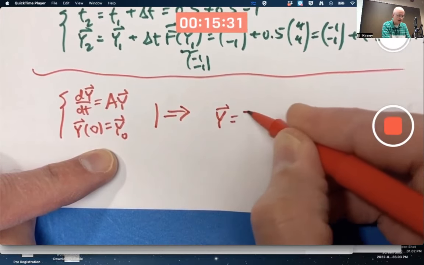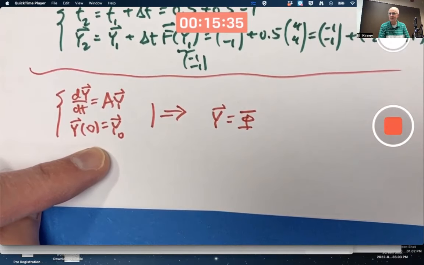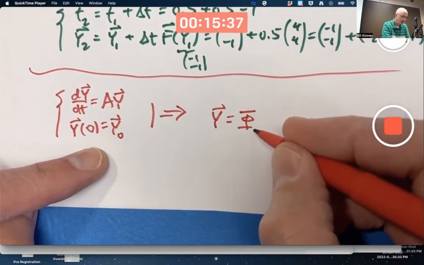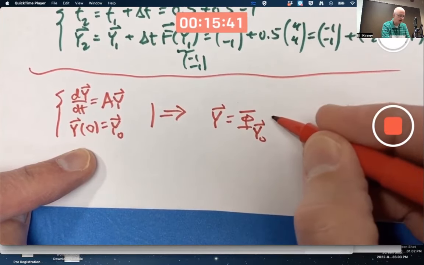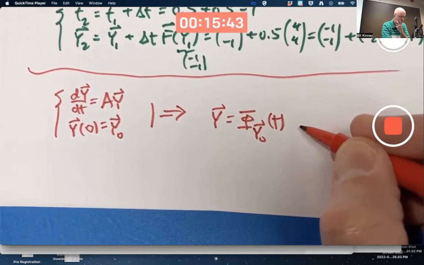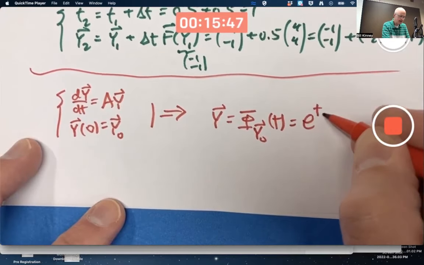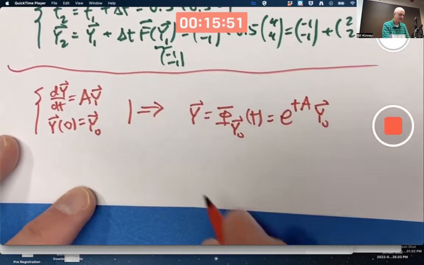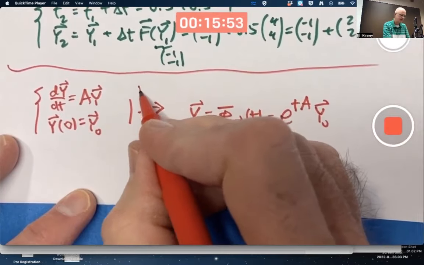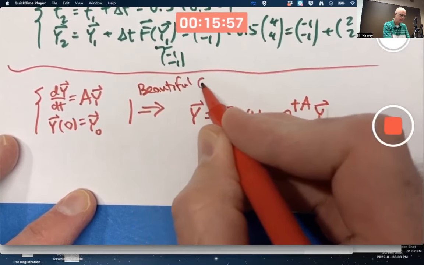The solution, if I go ahead and use a capital Phi now here, not the same as what I used in Mathematica, capital Phi sub y0, emphasizing what the initial condition is, of t, is the matrix exponential e^(tA) times y0. That's the beautiful generalization. That's my terminology.